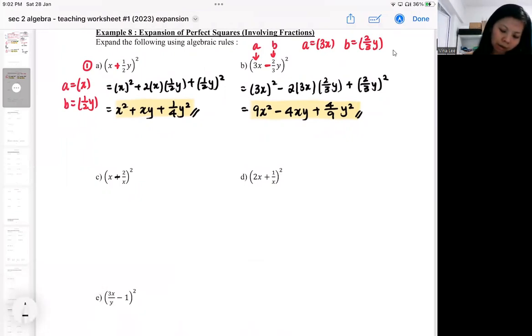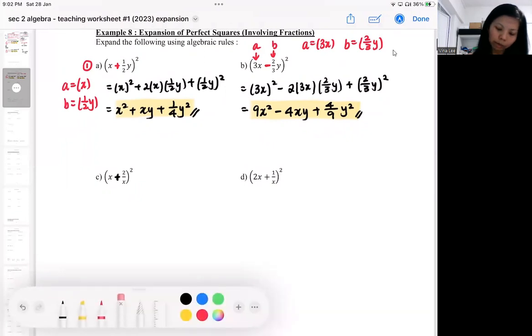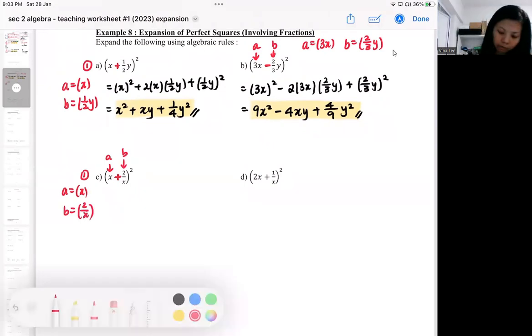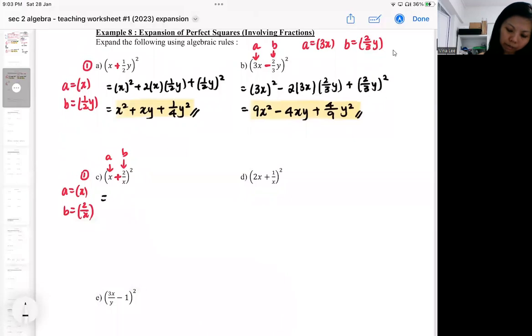Okay, this is a plus. We will be using formula number 1. So A is equal to x. B is equal to 2/x. So write the formula. The first formula, a squared plus 2ab plus (2/x) squared.